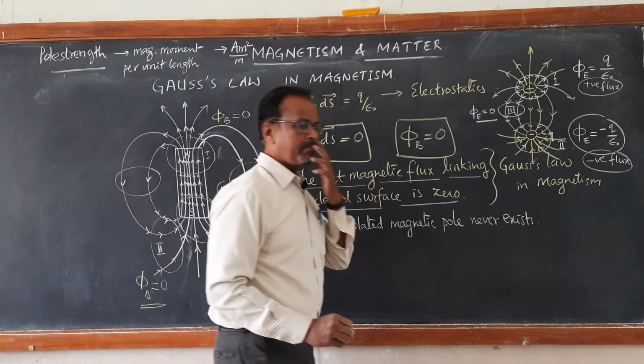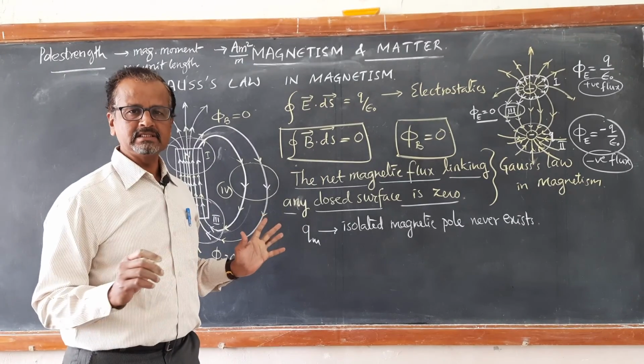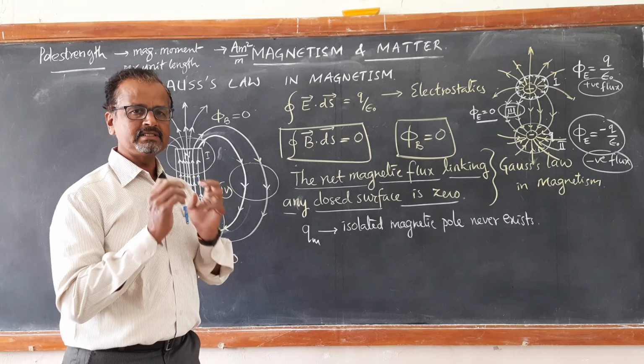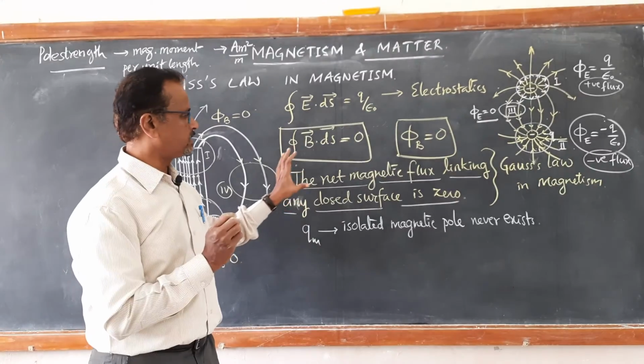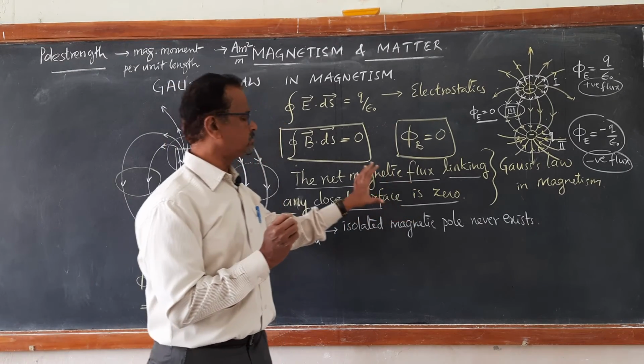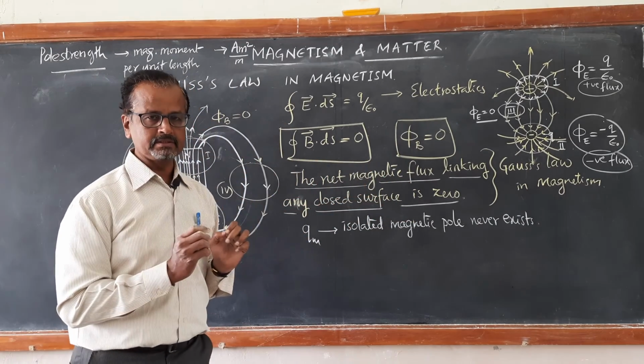It means a magnetic monopole never exists in nature. A magnet always exists in the form of a dipole. Therefore, this is the statement of the magnetic Gauss law.